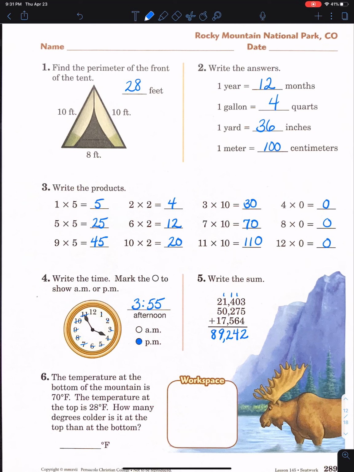Well, we have 70 degrees Fahrenheit and 28 degrees Fahrenheit. Which number should I write down first if I'm going to subtract? You have to write down the 70, because you can't take 70 from 28. You have to start with the bigger number when you're subtracting. So we have 70 minus 28. Go ahead and figure that out.